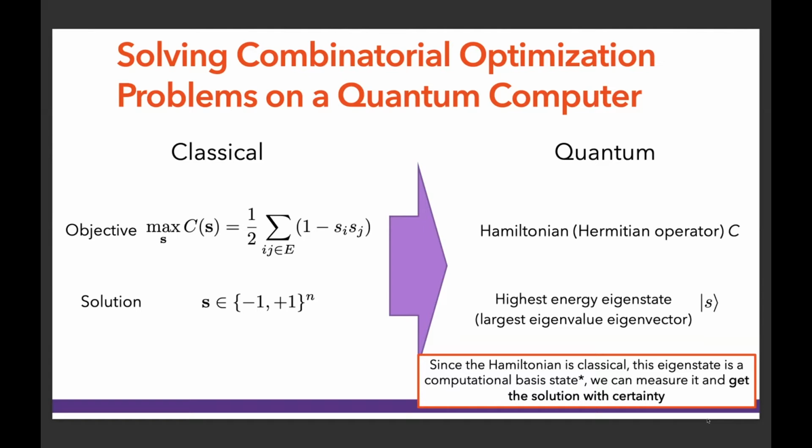Now, since this Hamiltonian is classical, if we can solve this problem exactly, if we can prepare this eigenstate on a quantum computer, then we can measure it and get the solution with certainty. So there's no randomness at the end of it, as long as we can prepare the eigenstate exactly on the quantum computer, which in practice, of course, we often cannot.